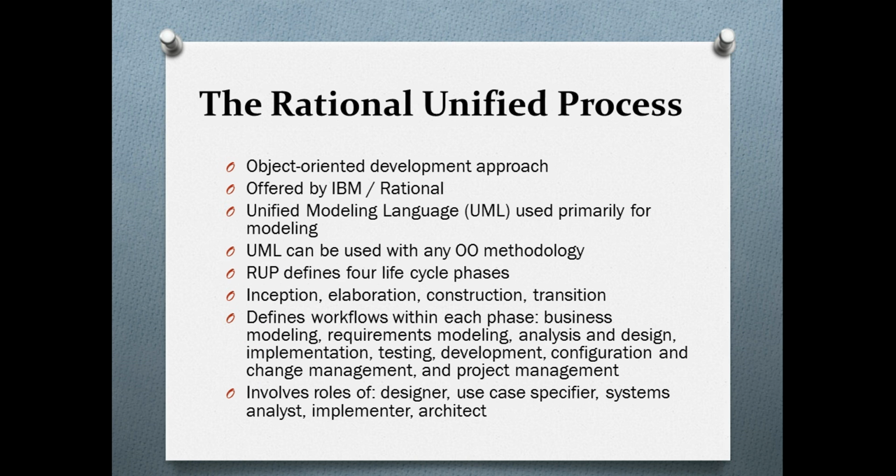So it's an object-oriented one, offered by IBM Rational. UML is used primarily for modeling. Unlike in Scrum, where, as you know, we were totally using user stories, of course we can make UML there as well.